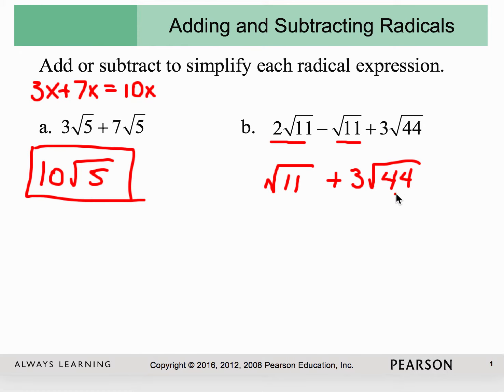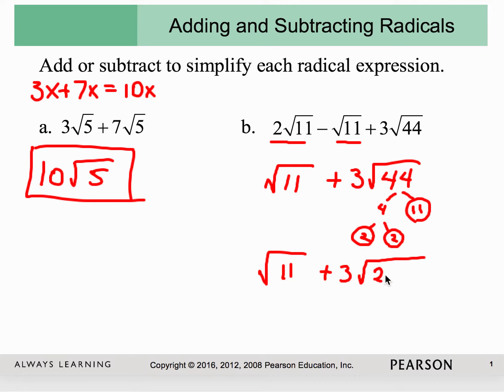So remember what I'm going to do. I'm going to make this 4 times 11, and 4 is 2 times 2, just to see if I can simplify it. So that makes this, the rest of the problem stays the same, plus 3, square root of 2 squared times 11. 2 goes into 2 one time, so I can bring a 2 out.